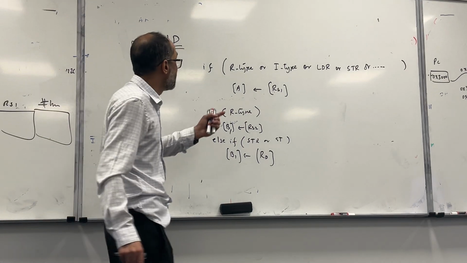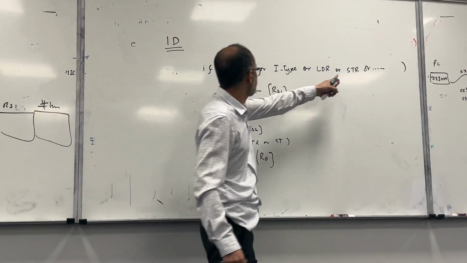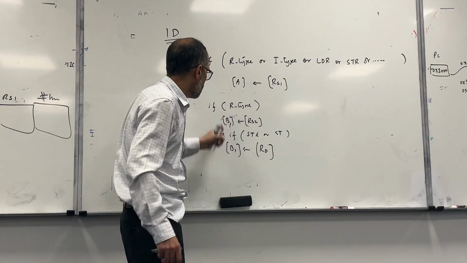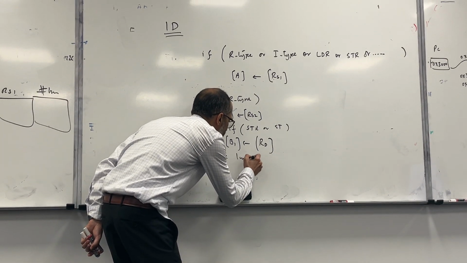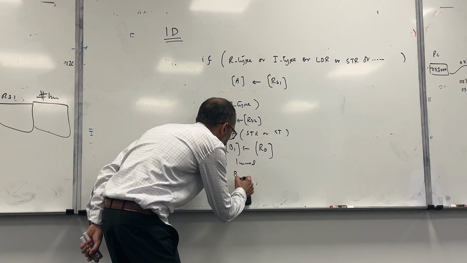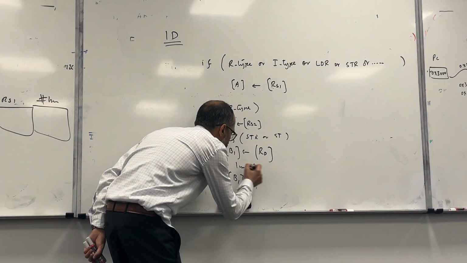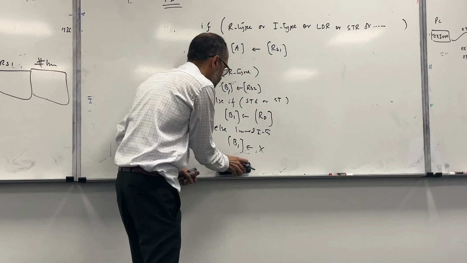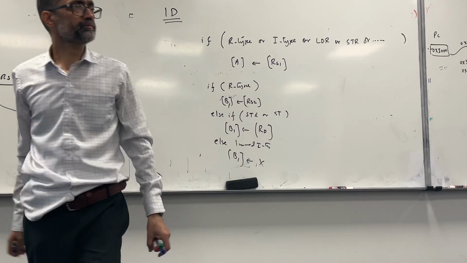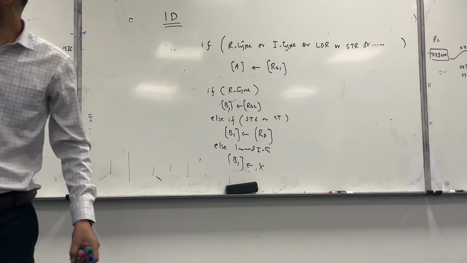So now we have solved for A and then B1. Basically, if R or LDR or STR, A will be RS1. And if else, it is actually an immediate instruction, I type, so B1 is don't care. What about the immediate field?